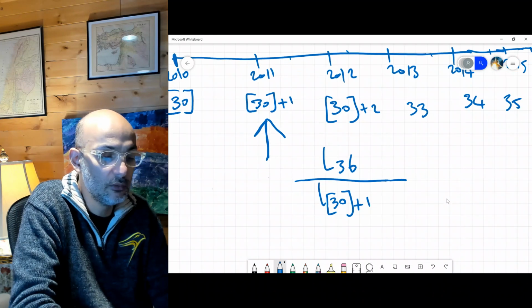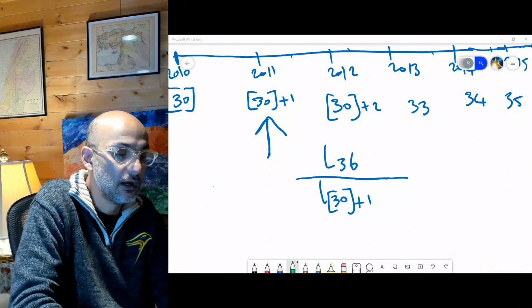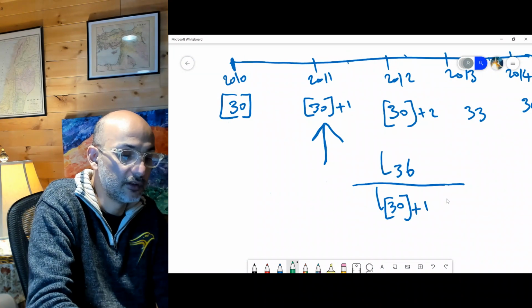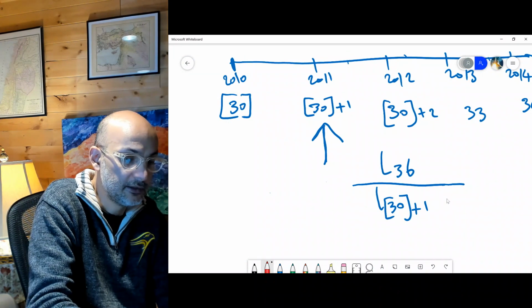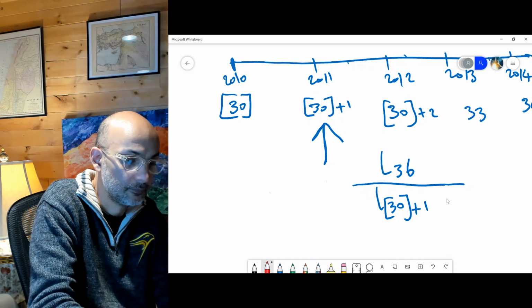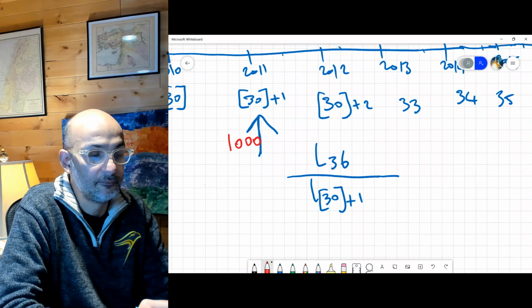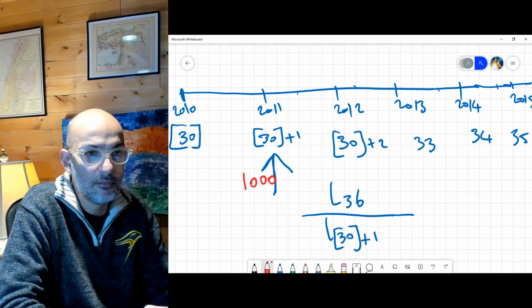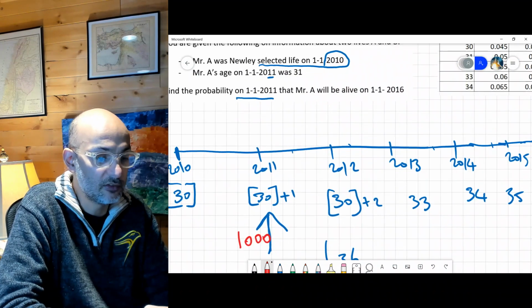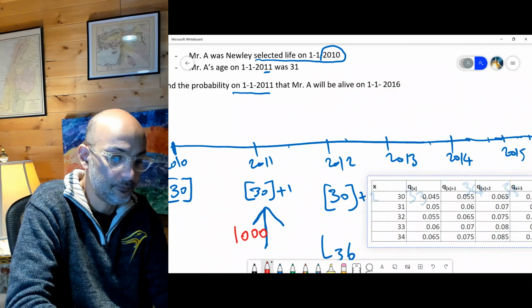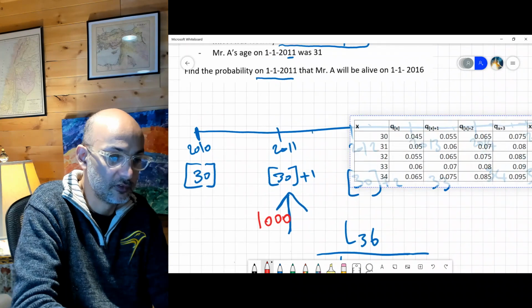It's easier for me. Why? Because I'm going to throw 1000 lives here and trace them. But we need the probability to trace the 1000, so let's put it here so it helps us to see the probability.